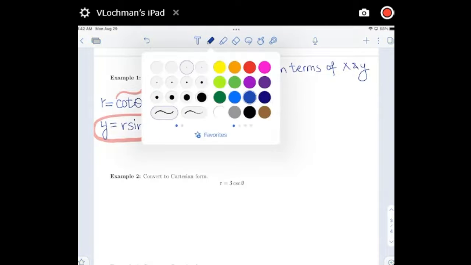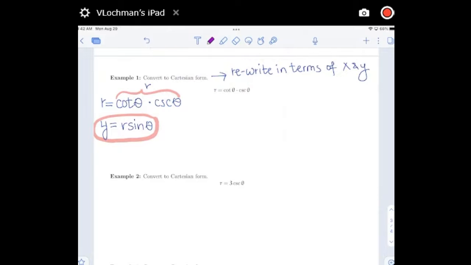So that's the equation that I'm going to start with. y is equal to r, which now I'm going to replace that r with cotangent theta times cosecant theta times sine theta. So I just plugged this one in here.